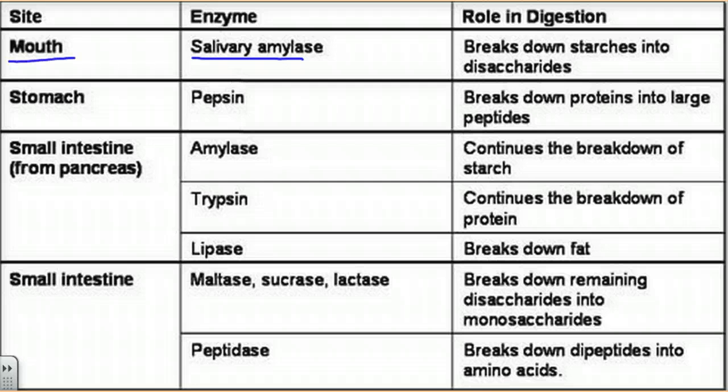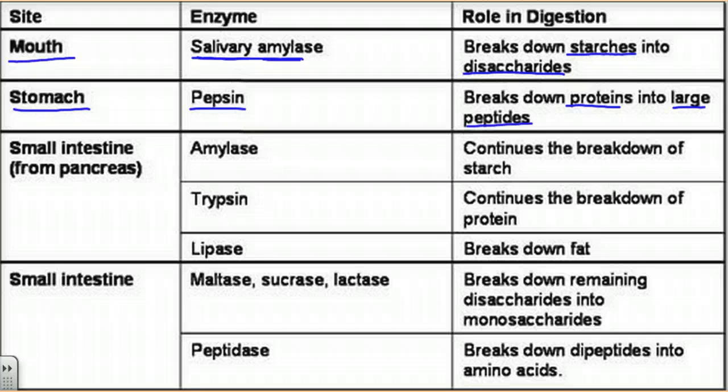We start off with the mouth, and the enzyme salivary amylase would work to break down starch and disaccharides, and you should notice that carbohydrates start to be broken down. When food moves into the stomach, pepsin, which is an enzyme, starts to break down proteins into large peptides.